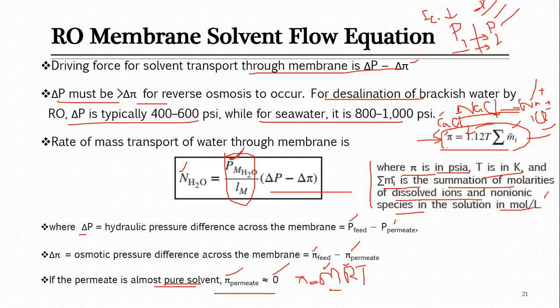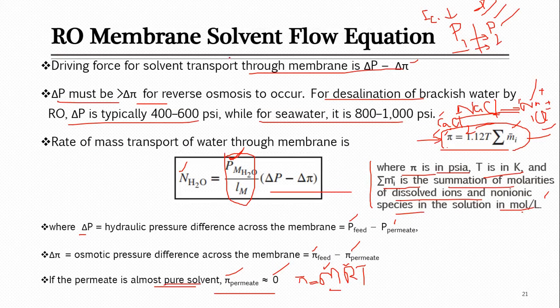For example, if you calculate molarity yourself, just convert it to mole per liter. I think we will also make such a conversion when we use this equation today, but take care of the units: pi should be in psi, T in Kelvin, and molarity in mole per liter.